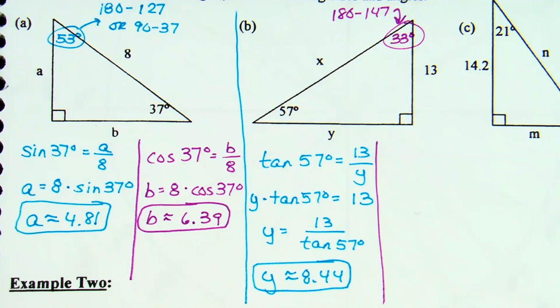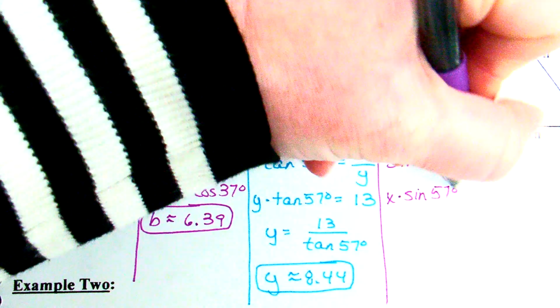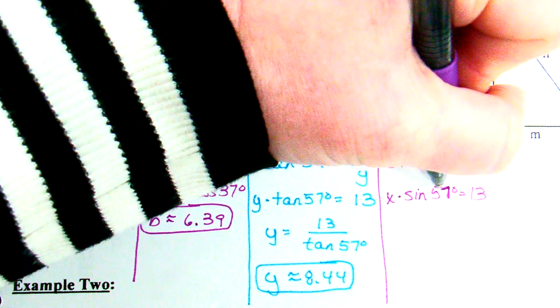So sine of 57, 13 over x. You've got that x in the denominator again. Just have to do 2 steps instead of 1. So if it's 13 divided by x, we need to multiply by x. So x times the sine of 57 degrees equals 13. In order to get x by itself, divide by that sine.